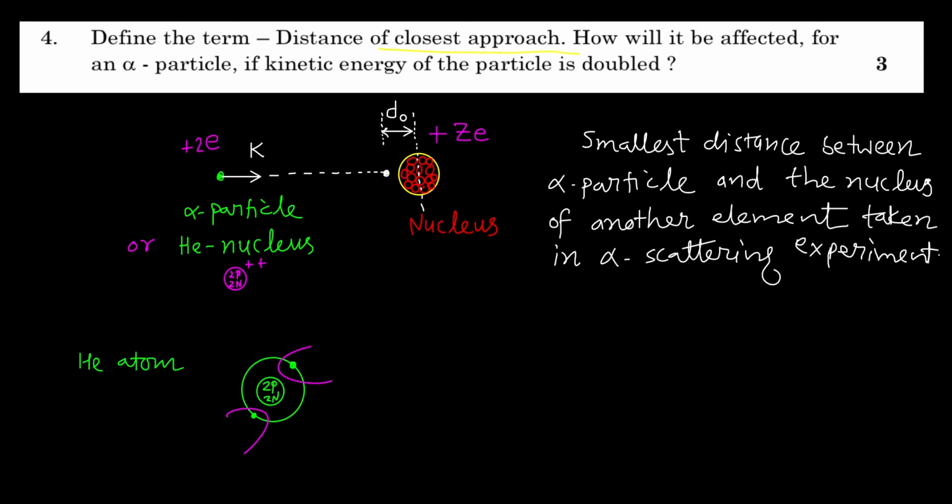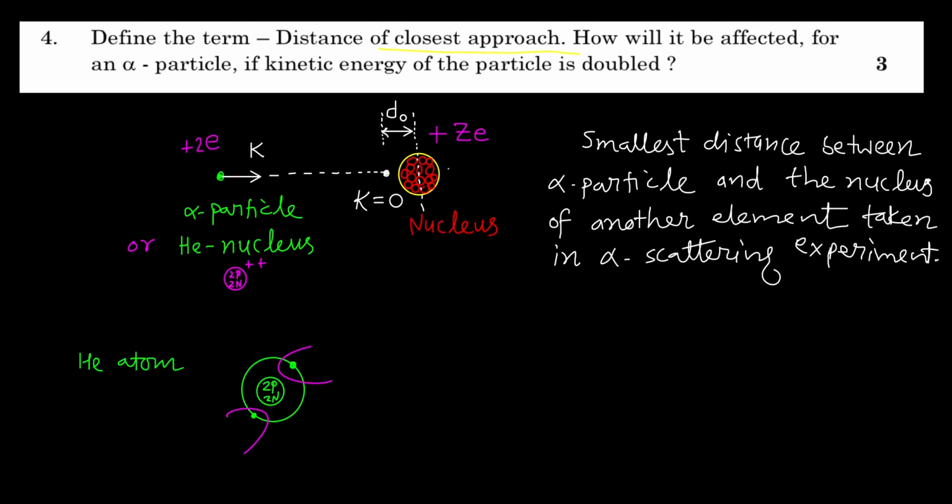So this is the distance of closest approach. You got the idea. So at this distance of closest approach, when the alpha particle has approached closest to the nucleus, at this distance d naught, its kinetic energy will become 0.